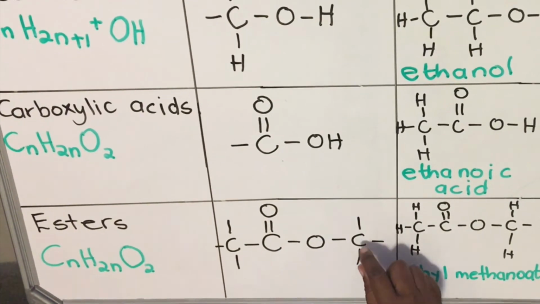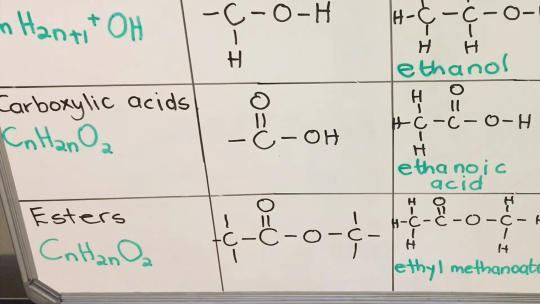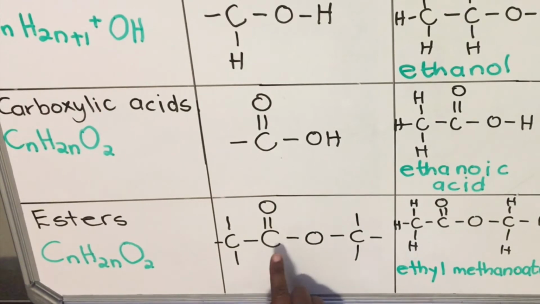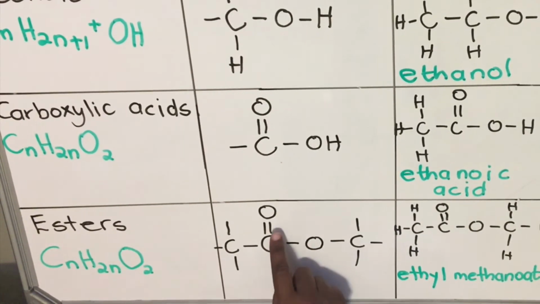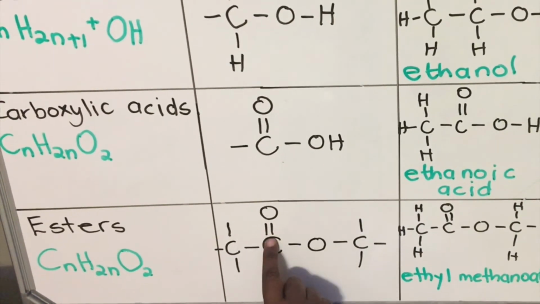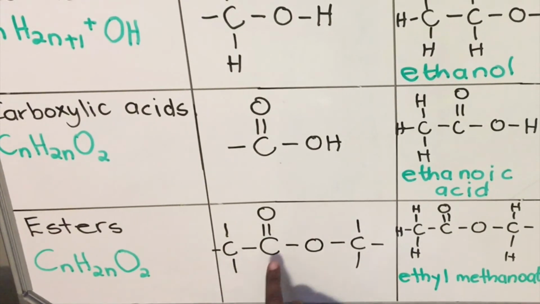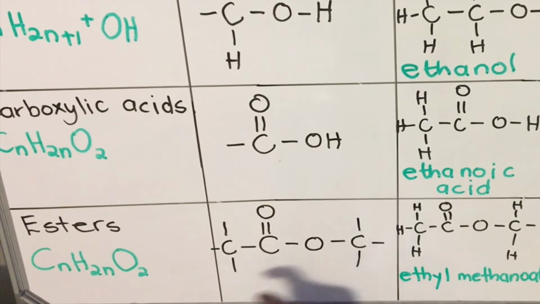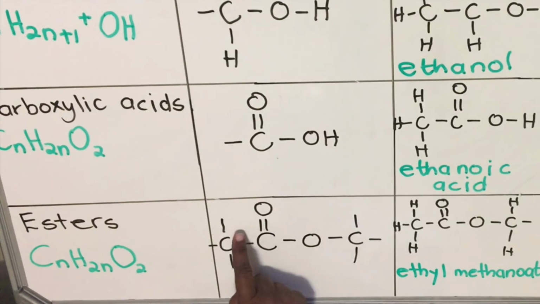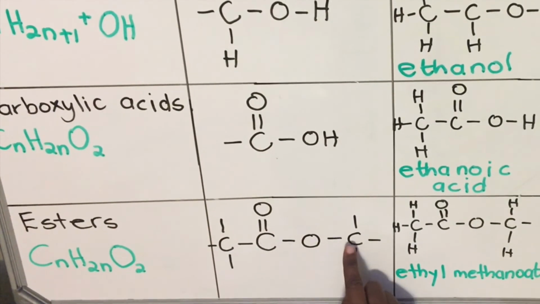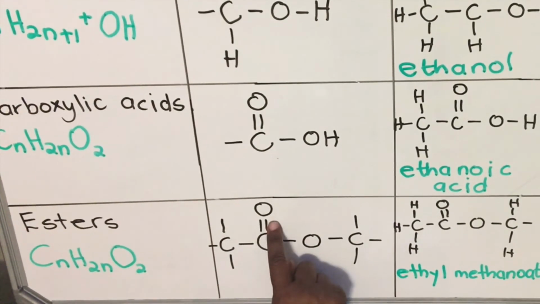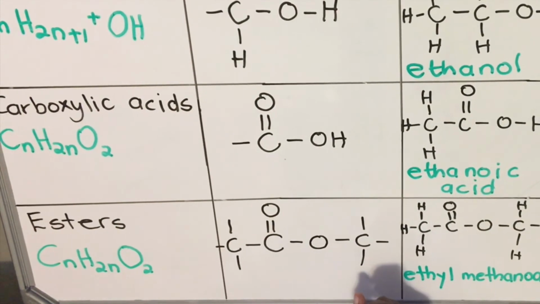And then there will be a chain of carbons that don't have the carbonyl group. So the side where there's a carbonyl group, the double bond with the oxygen, that will be your main stem. That's where you're going to name it. And then the other side where there's no double bond will be a branch, right?